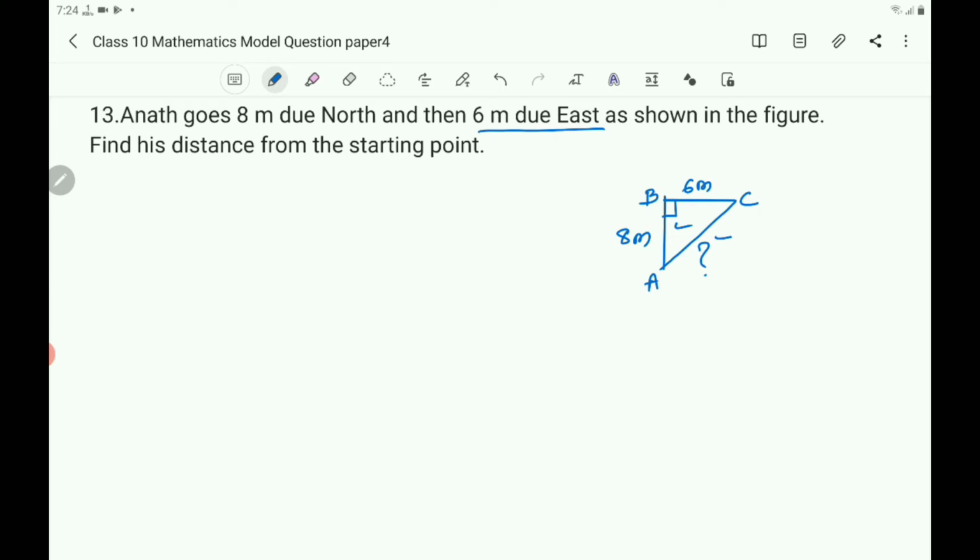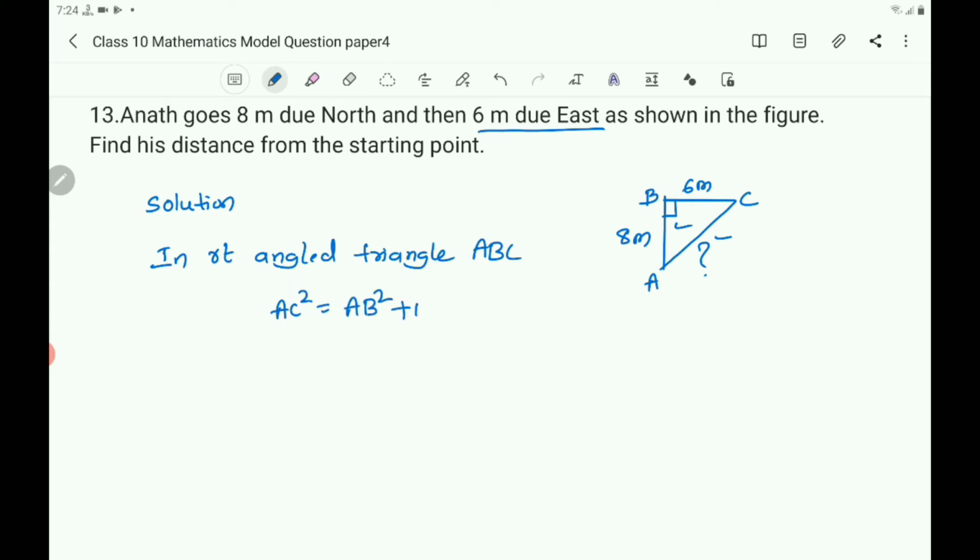So write the solution here. In right angle triangle ABC, which is the hypotenuse AC, AC square equals AB square plus BC square. That is AC square equals AB is 8 square plus BC is 6 square.